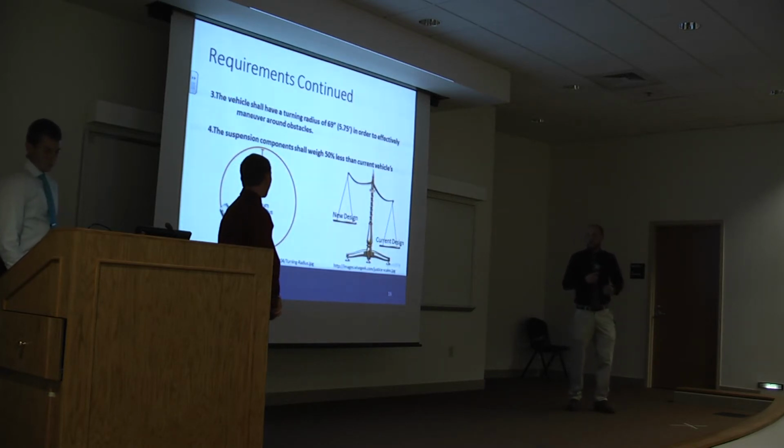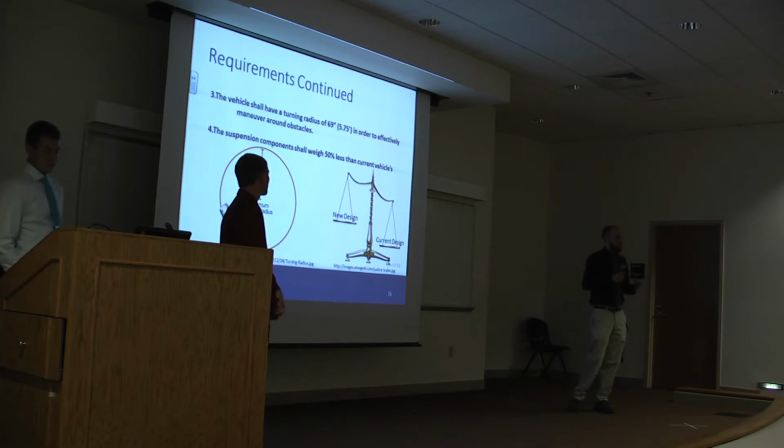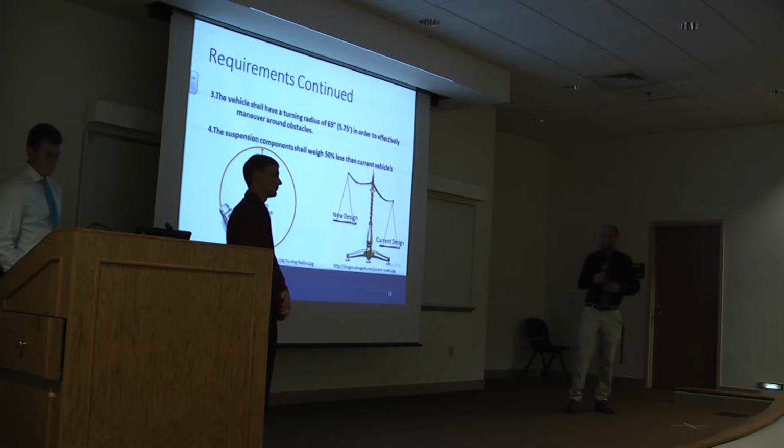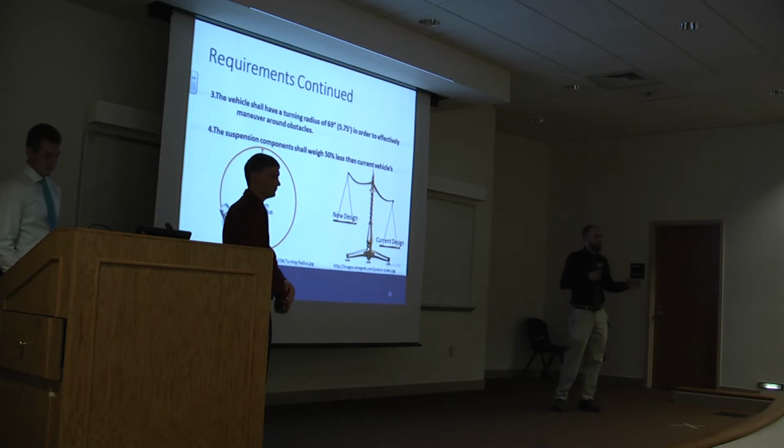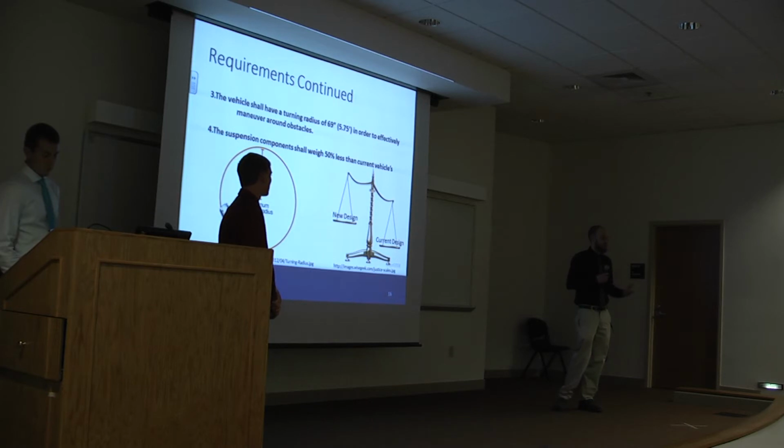Our third requirement, the vehicle needs to have a smaller turning radius. This will help us navigate the course more efficiently, and our radius needs to be either 69 inches or less. And for our last requirement, the suspension system and steering systems combined must weigh 50% less than the current vehicle.